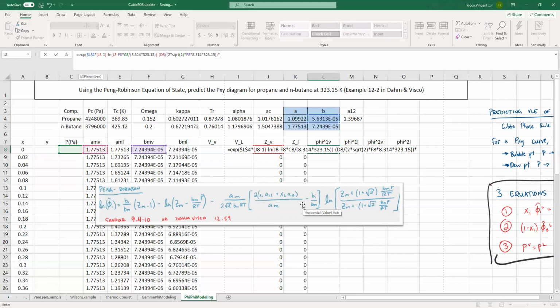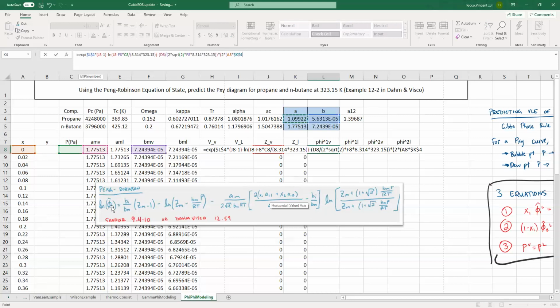So times, let's see, I'm going to want to open parentheses again. 2 times open parentheses x1 times A11. So A11 is equal to A1, right? So that's kind of confusing notation, right? But I'm going based on subscript.